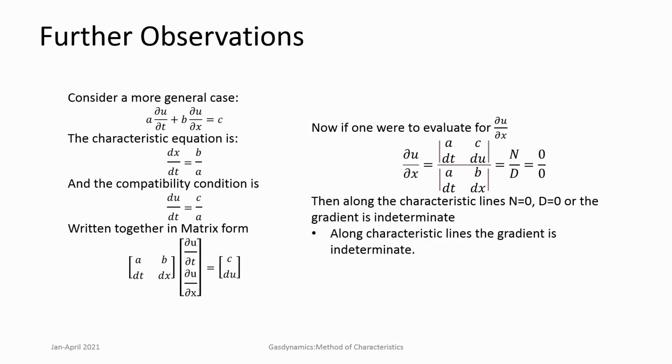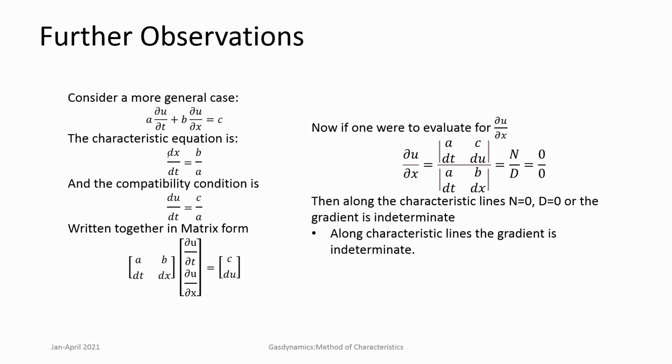Now, even if we go to a more general case where you have a, b and c, which are more general, this is a linear equation of course. So, a, b and c are consistent with the definition of the equation being linear.